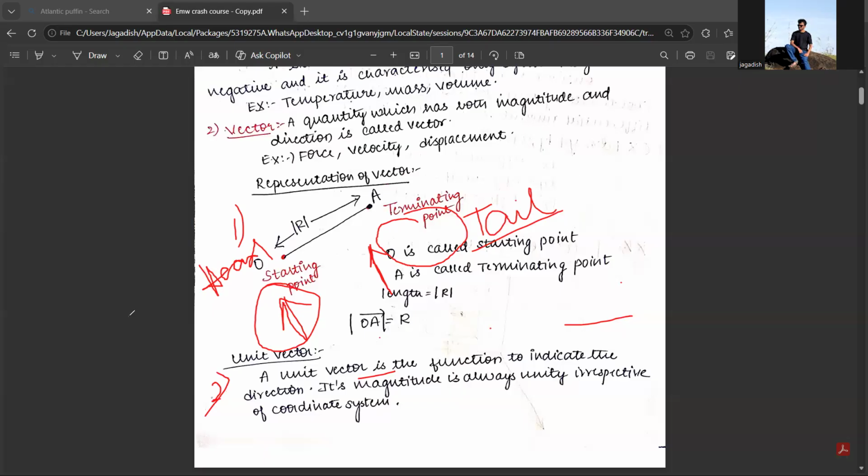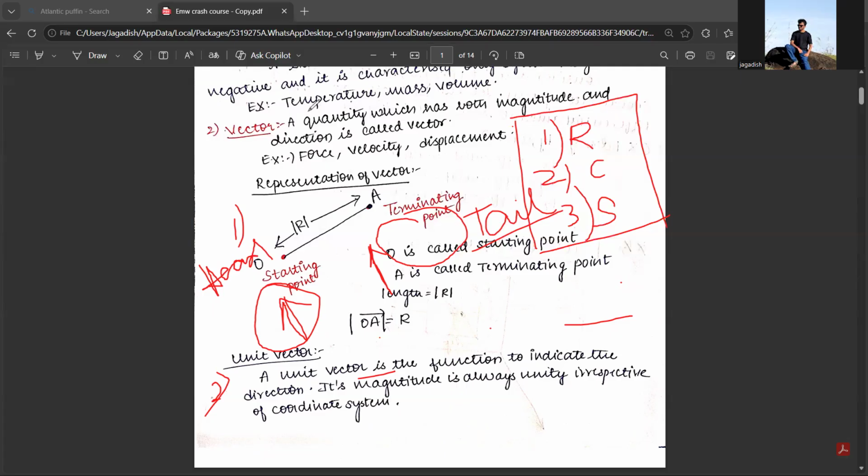So there are three coordinate systems. The first is the rectangular coordinate system. The second is the cylindrical coordinate system. The third is the spherical coordinate system. Remember the formulas for these. These are the coordinate systems we will be using in the entire electromagnetics, that is module 1 to 5.